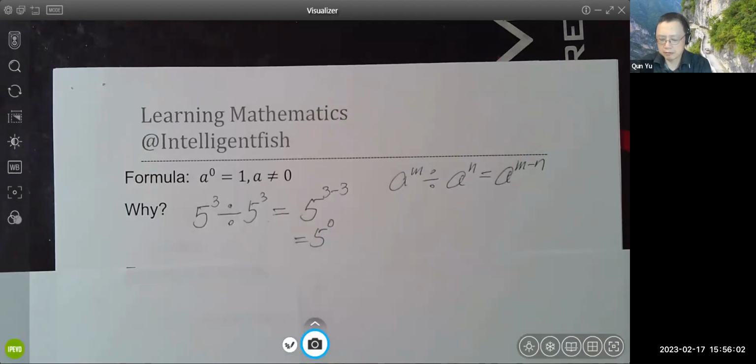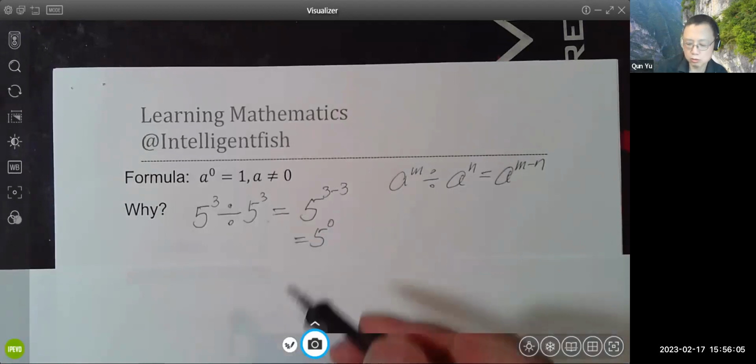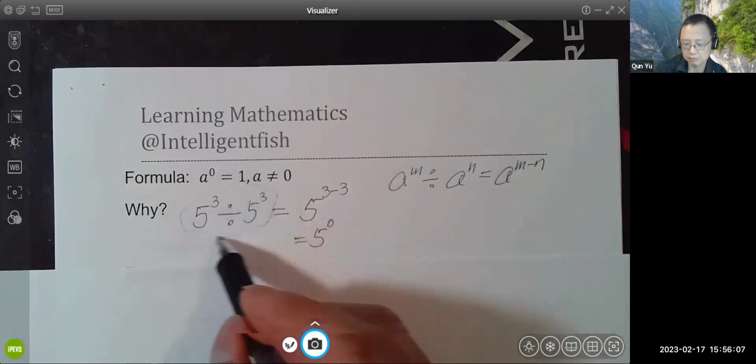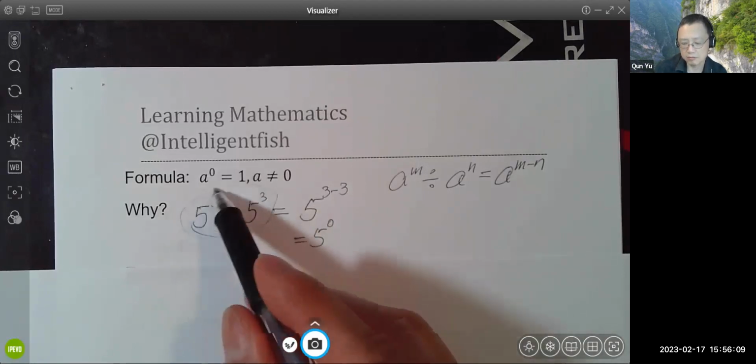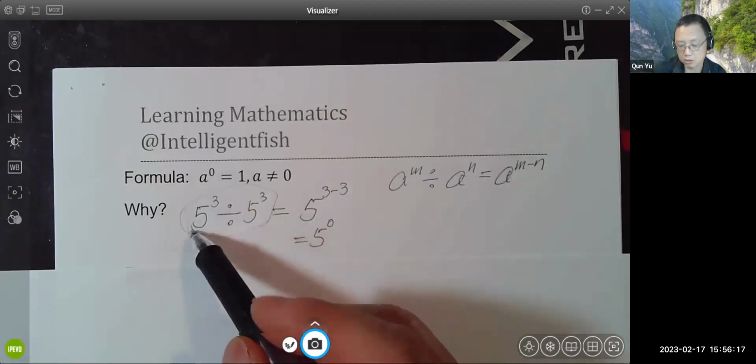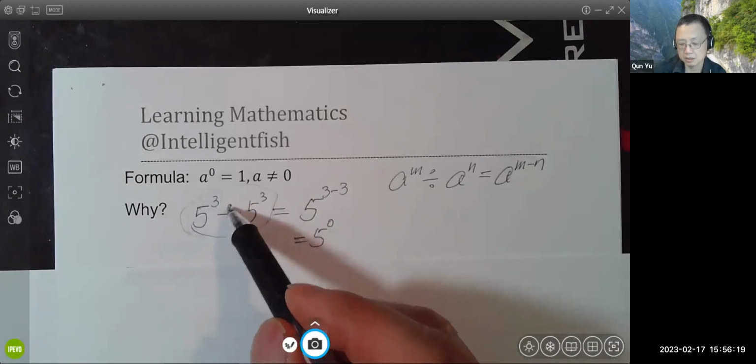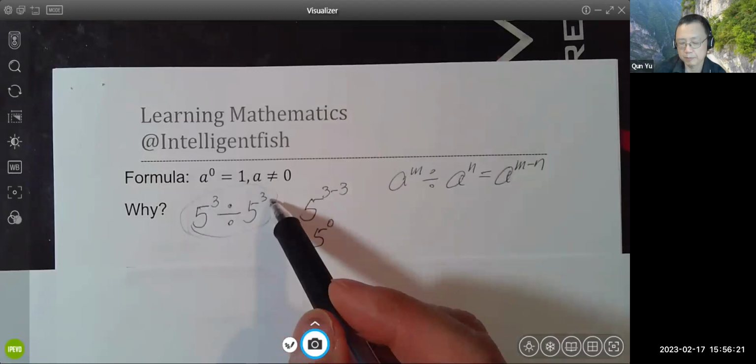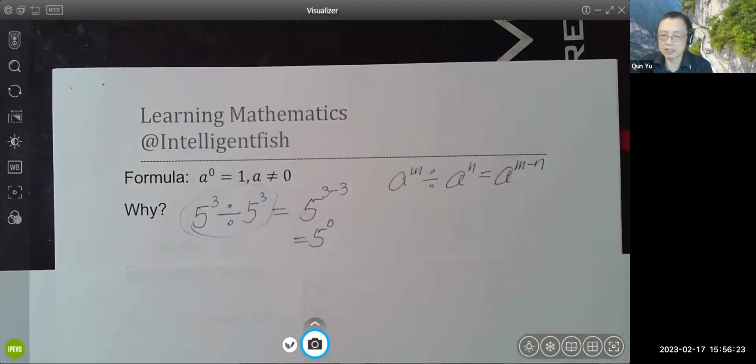So what is 5 to the power of 0? We don't need to look further, just look at it here. This is a number, we don't really care what this number equals, even though I know this is going to be 125, but we don't care. We know that anything divided by itself will be 1. 5 divided by 5 is 1. 10 divided by 10 is 1. 1 million divided by 1 million is 1, right?